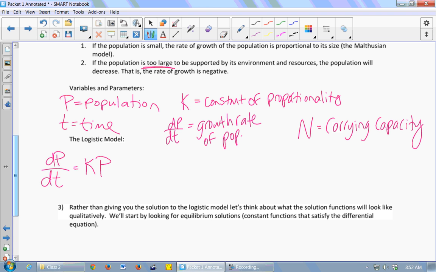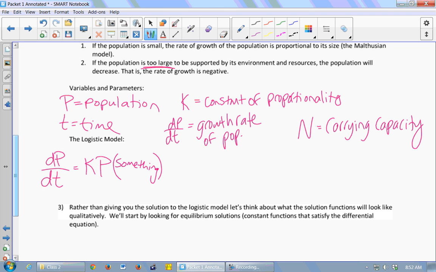K is a positive parameter. So the way I've written this, the rate of growth is always going to be positive. I need to somehow make this thing become negative if the population size gets too big. If the population is bigger than N. So if P is bigger than N, I need that thing to become negative. So an easy way to make this thing negative would be to multiply by one more thing that's negative, right? If that thing were negative, this whole rate of growth would be negative.